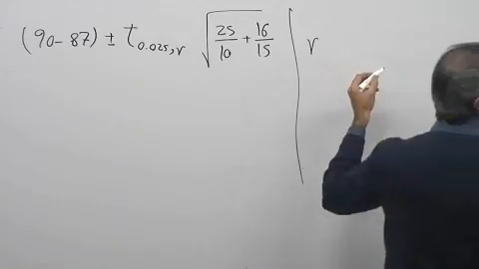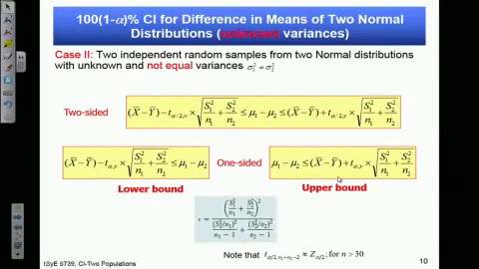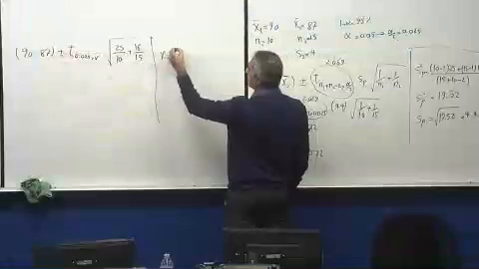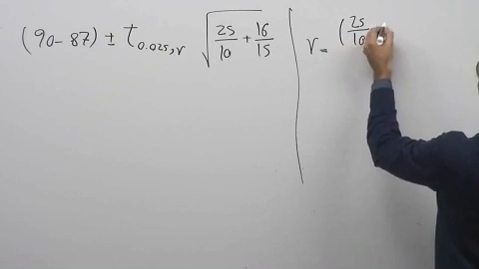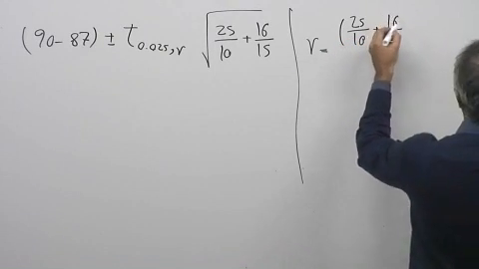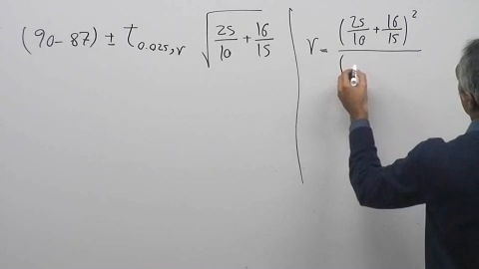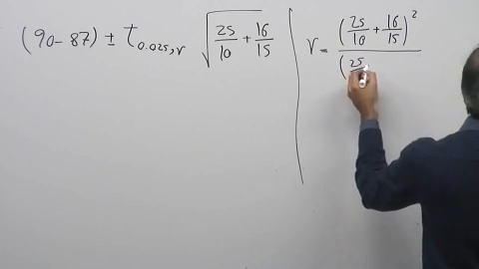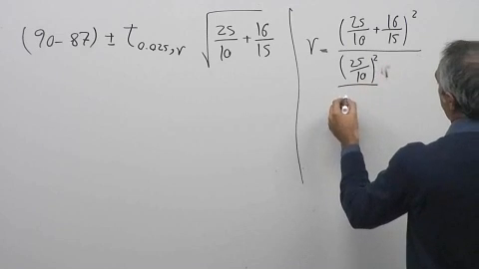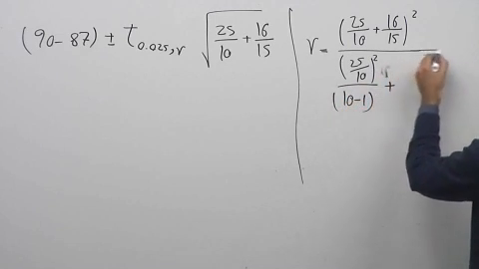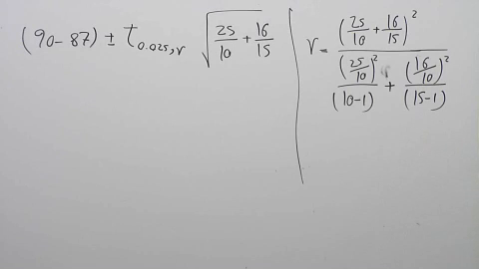For nu, that's the calculation, which is S1 squared divided by n1 plus S2 squared divided by n2, whole thing squared, divided by S1 squared over n1 squared divided by 10 minus 1, plus 16 over 15 squared divided by 15 minus 1.